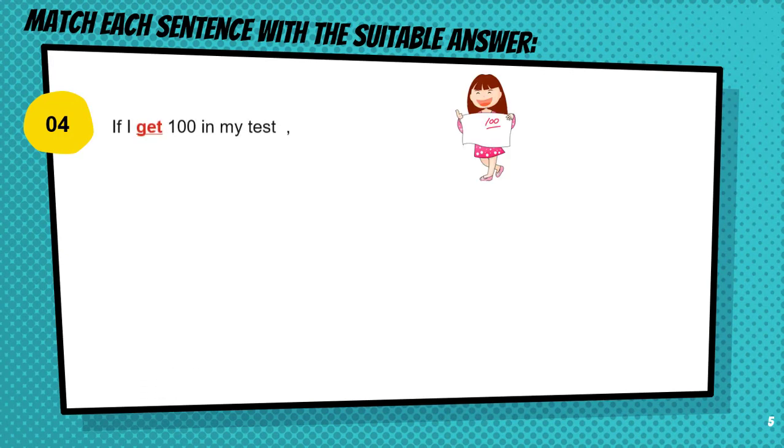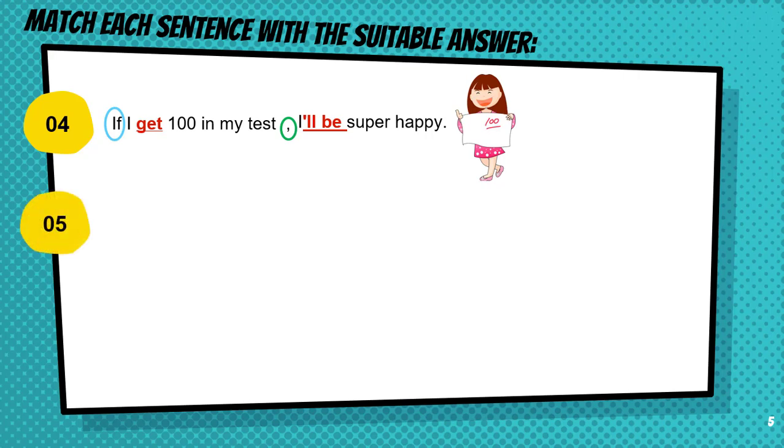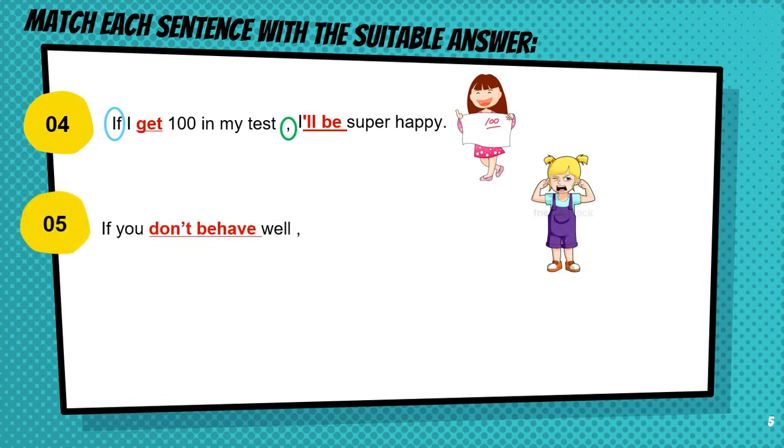Question number 4. If I get 100 in my test, for sure I'll be super happy. Number 5. If you don't behave well, you will be punished.